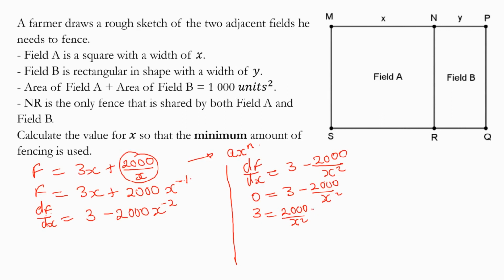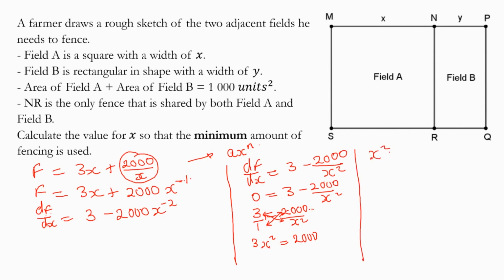We want to find x, so you can multiply both sides by x squared, or you can cross multiply, whichever method you're comfortable with. So you can put 3 over 1, then cross multiply. 3 times x squared is 3x squared, and 2000 times 1 is 2000. Then we divide both sides by 3.